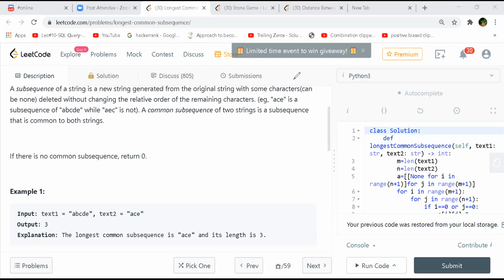Generate all the possible subsequences of both the strings, check which of them are common, and then find the maximum of them. So we generate a combination of all the characters in a string. We can generate all the combinations in a recursive way: we can skip one and then use the other index.